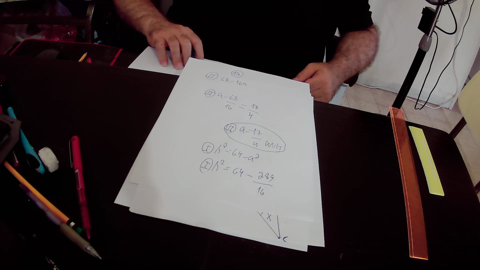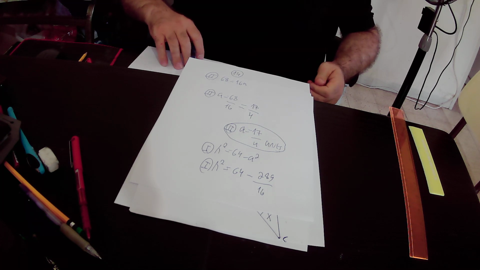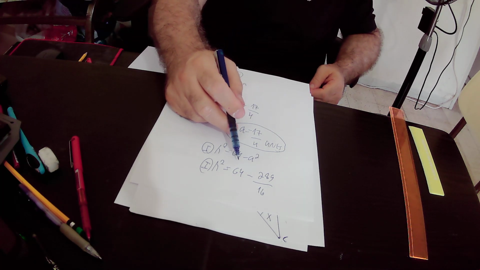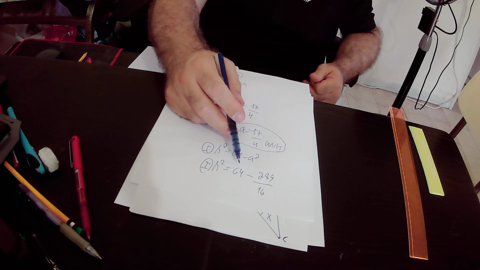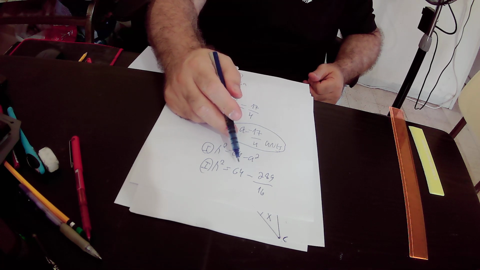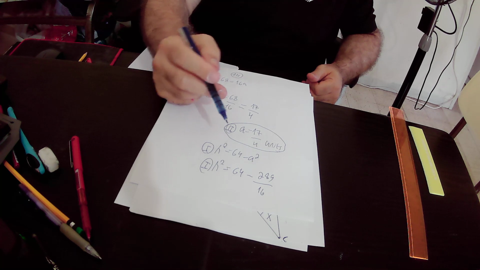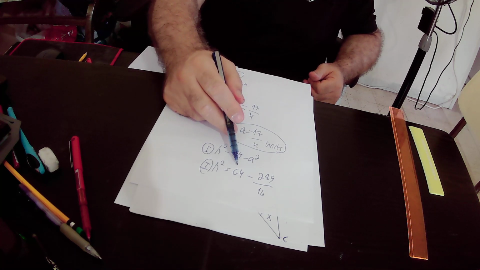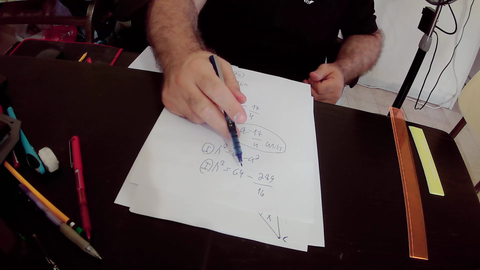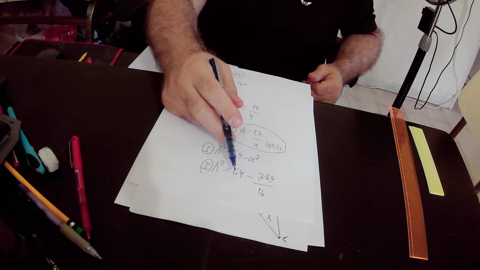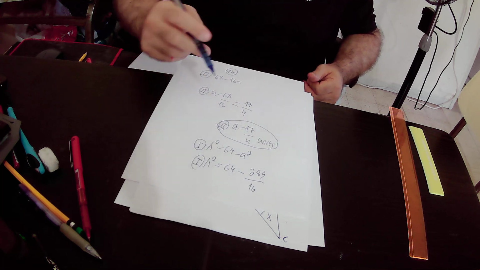So here we will multiply 64 by 16 and then divide by 16 in order to get a common denominator of 16, so that 64 will have the common factor of 16 in the denominator. So we will multiply it by 16 and then divide it by 16.